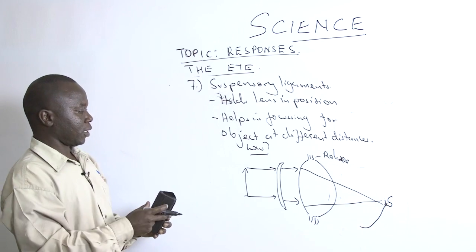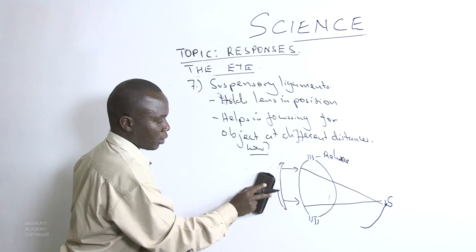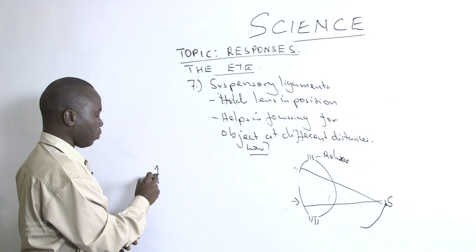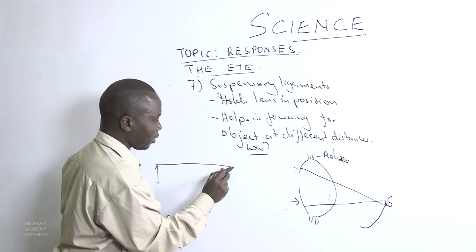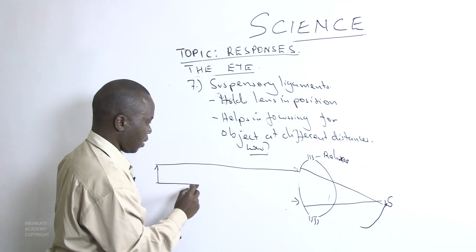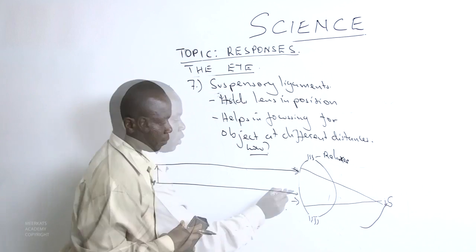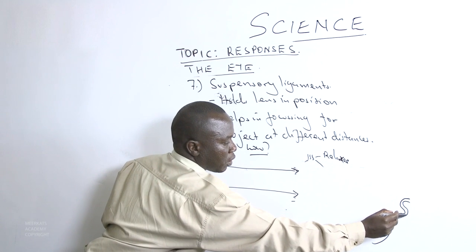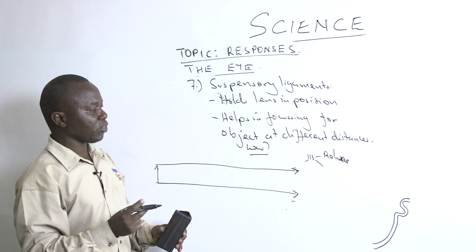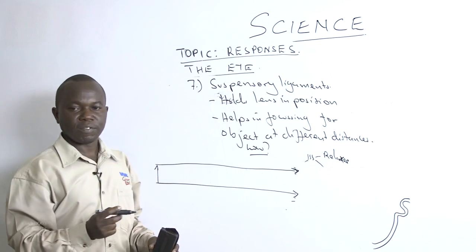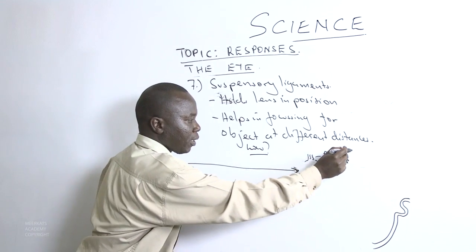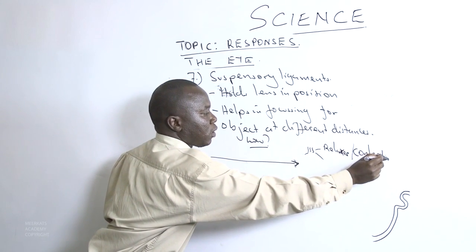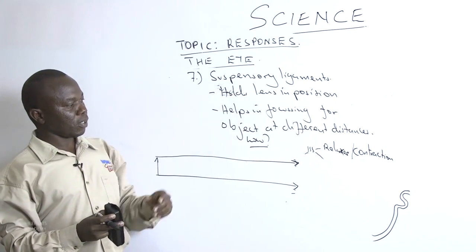And the opposite happens if it is a distant object. A distant object looks smaller, so by the time light reaches the eye, there's already a problem. So if that is the fovea centralis, where we have a high concentration of cells to receive light, what will happen? The opposite will happen. There is contraction of the suspensory ligaments.